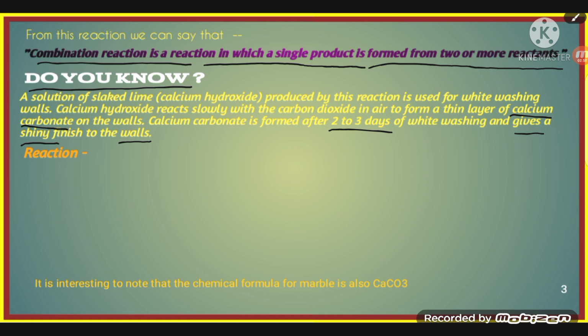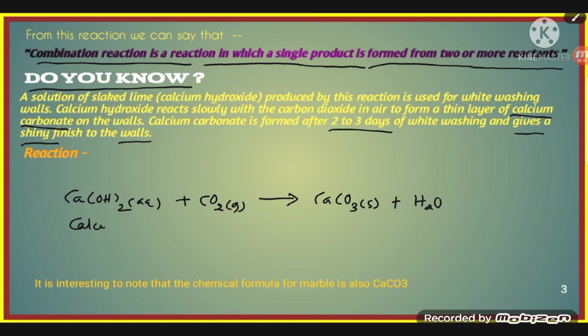Chemical equation of this reaction: when calcium hydroxide, Ca(OH)2, in aqueous form, reacts with atmospheric carbon dioxide, it produces calcium carbonate, solid state, and water.